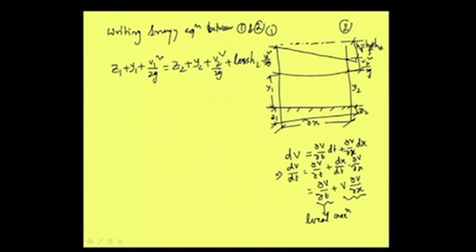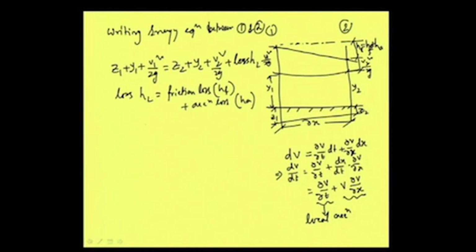Now this loss, as I have explained, loss HL is equal to friction loss, that we write as HF, plus the acceleration loss, that is HA.